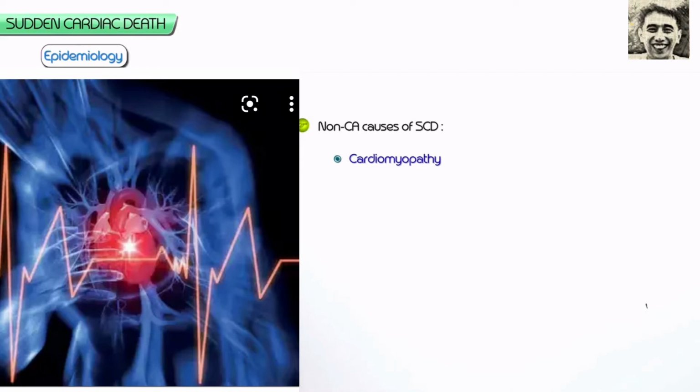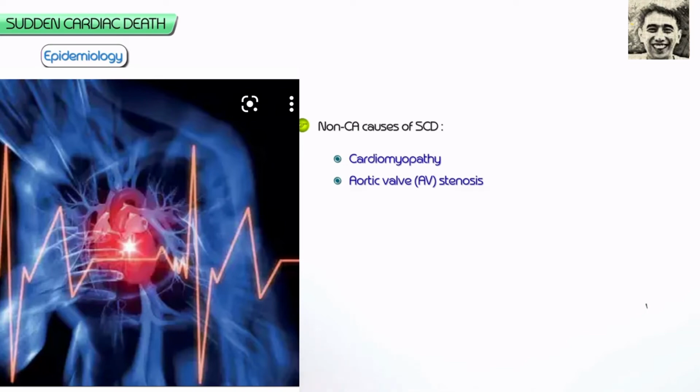Other than cardiomyopathy, there are other cardiac diseases which may also lead to sudden cardiac death which are of non-coronary artery disease origin. For example, aortic valve stenosis, which is more commonly seen in the elderly, approximately age 70 and above.